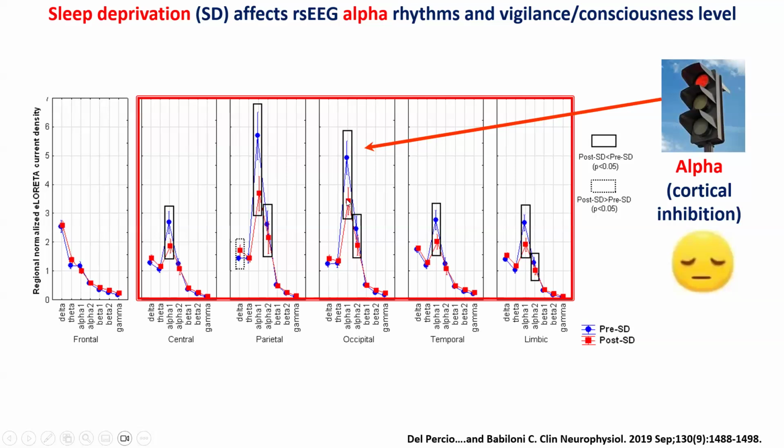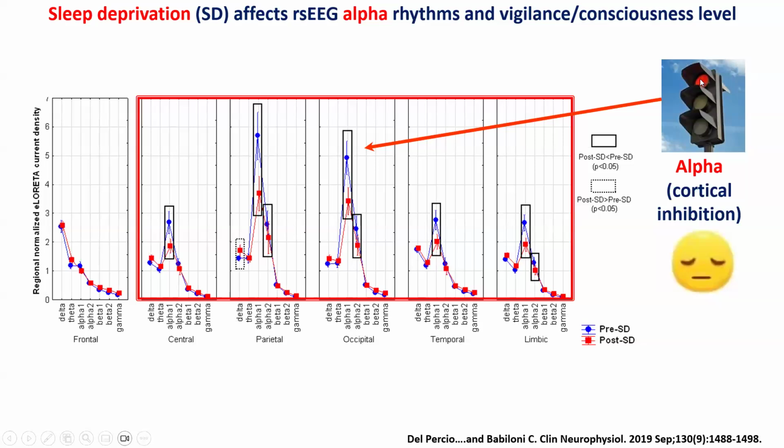And this sensitivity of alpha source activity in parietal occipital sources represents a resource for using a neurophysiological correlate, a biomarker of vigilance regulation in humans.